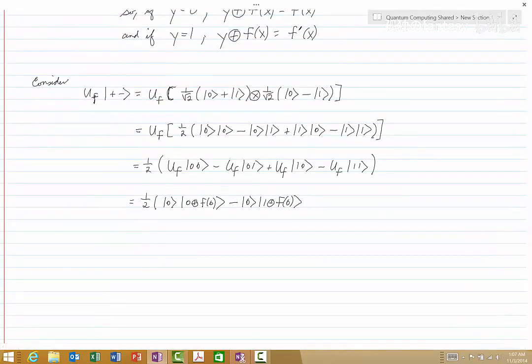And then for the next one, we will have plus, again, the first qubit is always the same as the first qubit of the input, so we'll have 1. And then for the second qubit, we will have 0 exclusive or f of 1. And then finally, we have minus sign here, and 1. And then the second qubit will be 1 exclusive or f of 1.